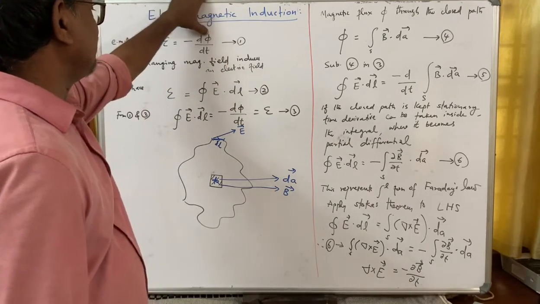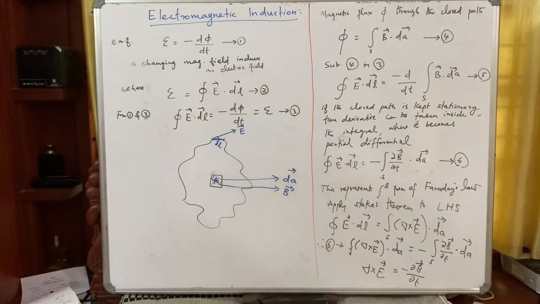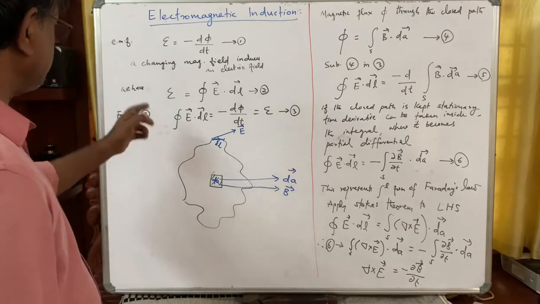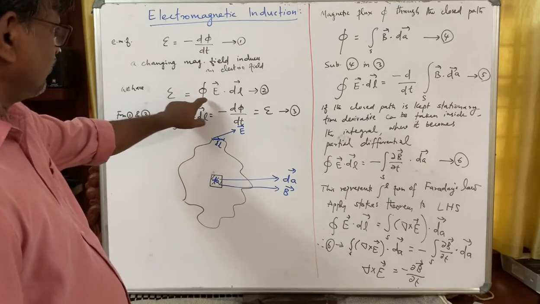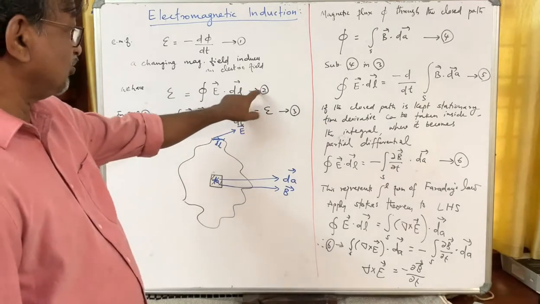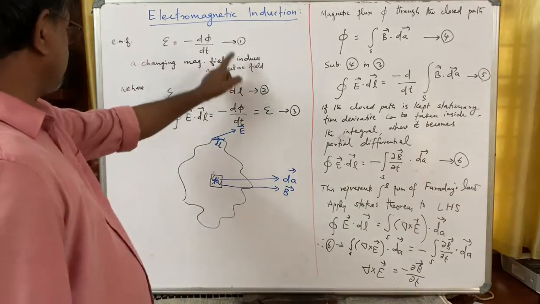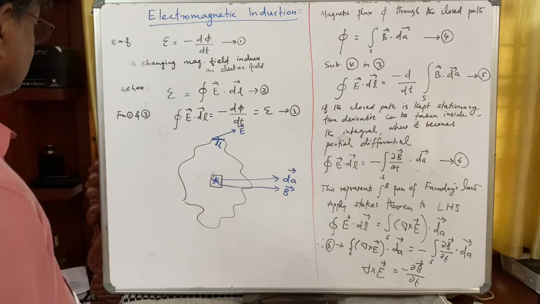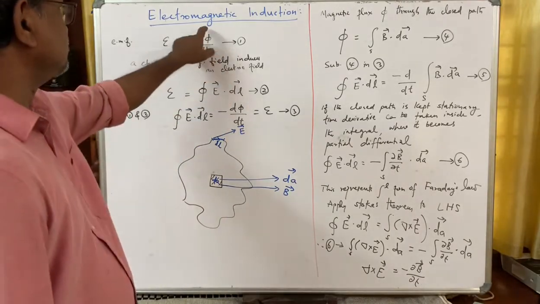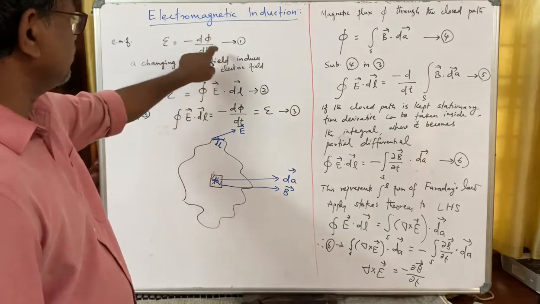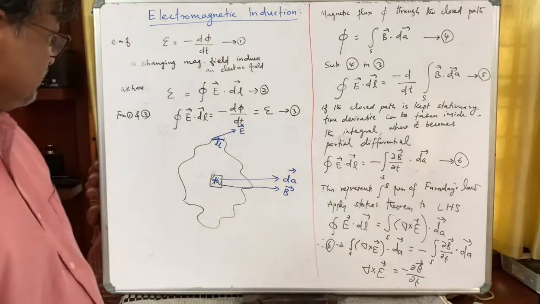A change in magnetic field produces an electric field. E equal to line integral E dot dl, that also we have studied, is equation 2. From equations 1 and 2, we can write the closed line integral E dot dl is equal to minus d phi by dt, which is the EMF E.